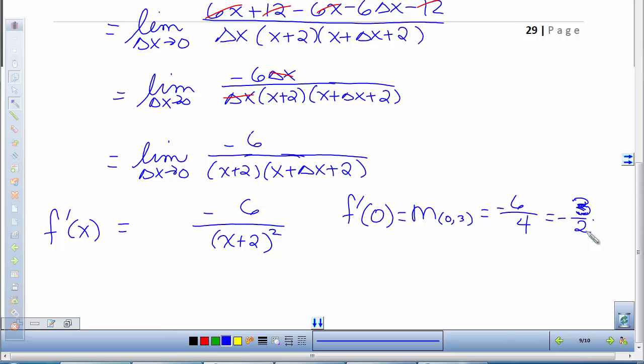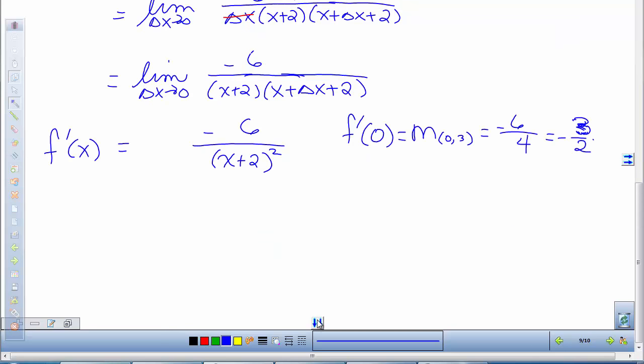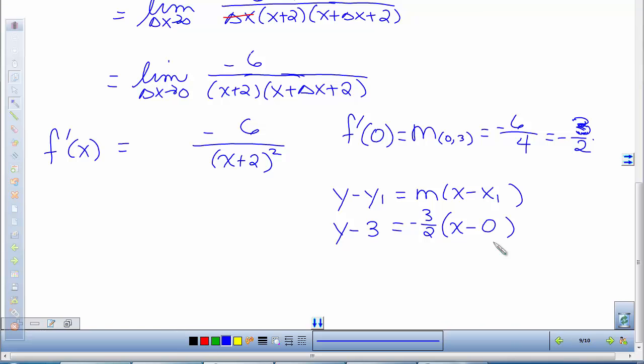Now we're going to use our point slope formula to come up with the equation of the line. And so we get y minus y1 equals m times x minus x1, or y minus 3 equals negative 3/2 times x minus 0.